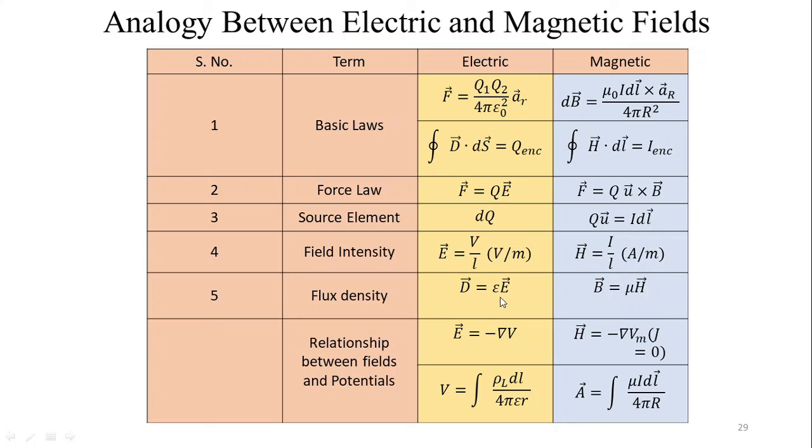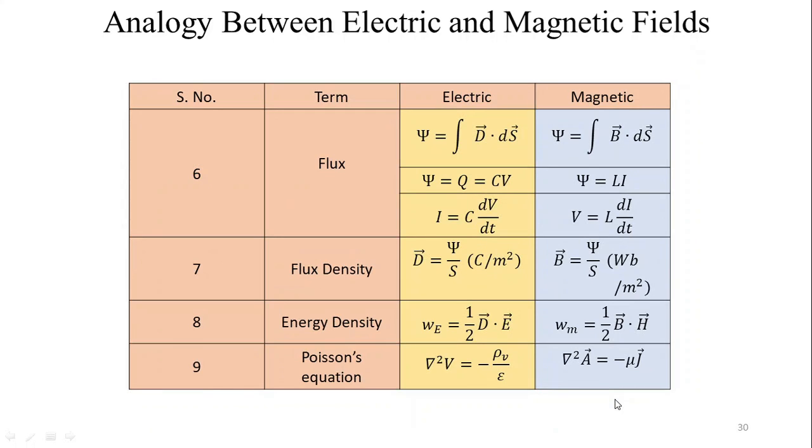Flux density D is epsilon E, here B is mu H. Here it is minus del V, here minus del Vm for J equals 0. V is the integral of rho L dl by 4 pi epsilon r, and A is mu I dl by 4 pi r. The flux psi is D dot dS here, and B dot dS here. Psi equals Q, that is CV, in the electric field, and psi equals LI in the magnetic field.